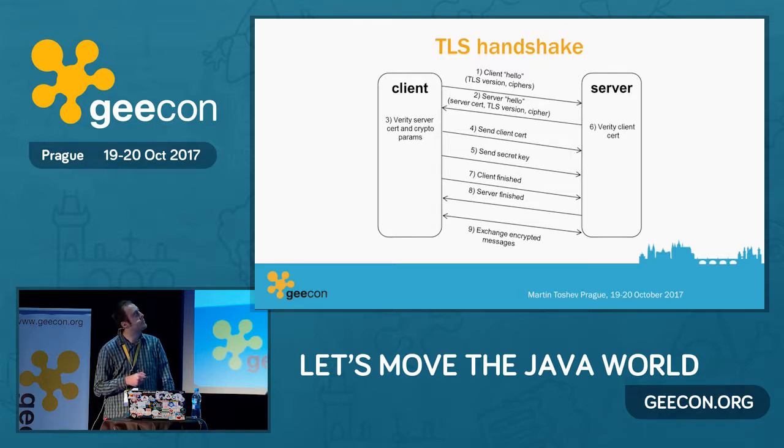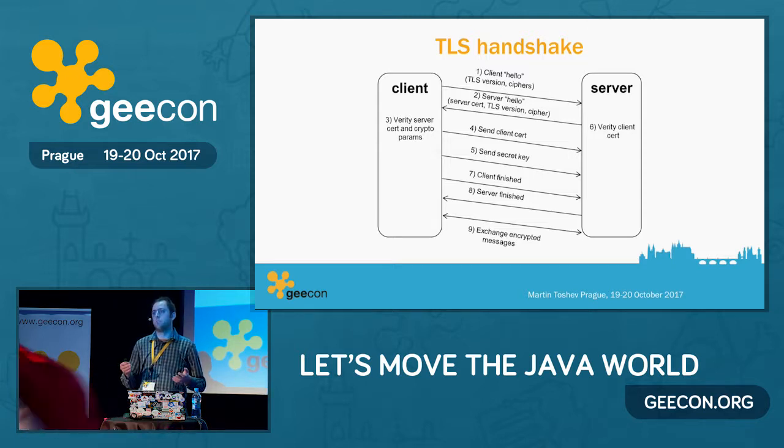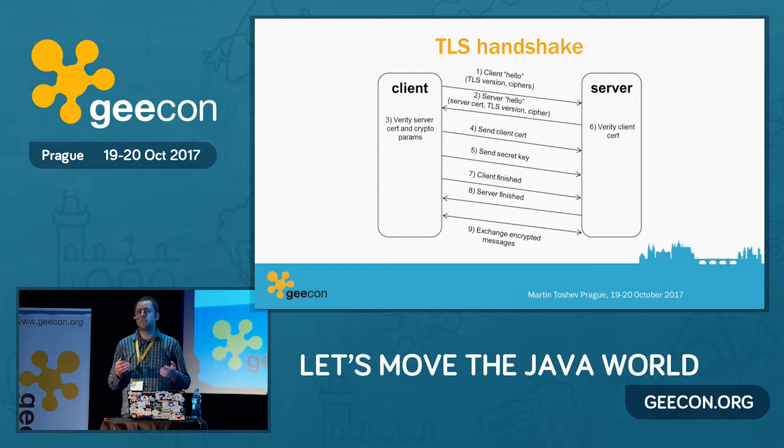Then, in the third step, the client may additionally verify the server certificate against a known certificate authority. A certificate authority basically serves to verify whether the certificate hasn't been revoked, hasn't expired, and so on and so forth. And in that third step, we have a number of ways to do that.